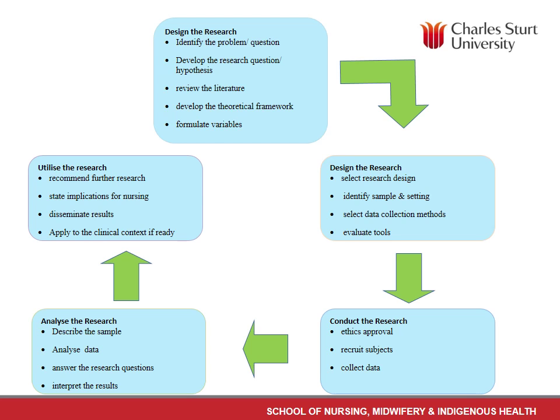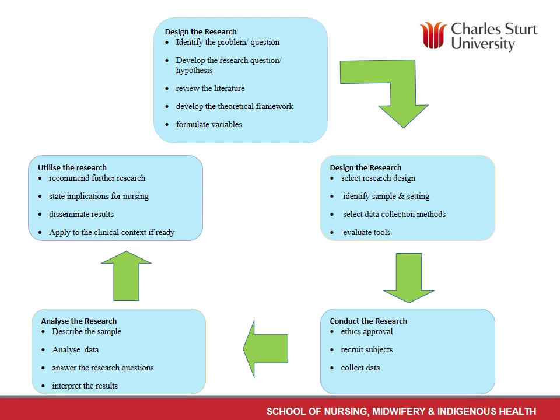So when we look at how a research study is designed, this is the way in which it might be done. You'd identify an issue, develop a question, review the literature, develop the framework you're going to use, and formulate some variables. Now there's another lecture on variables which you can go and have a listen to.